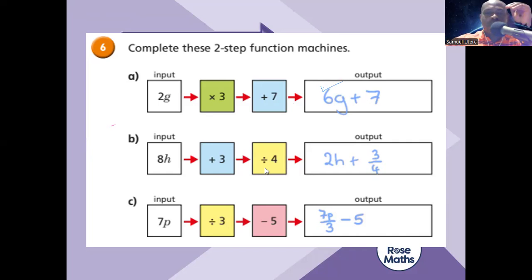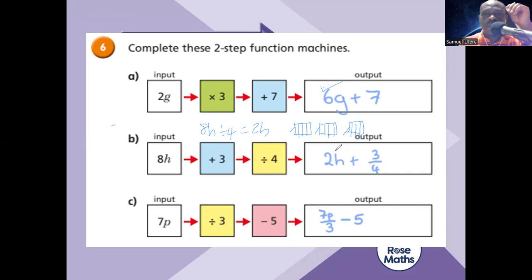So here is what I mean. If we have this one, we know this is 8h. We need to divide this by 4. That's 2h. That's okay. But if we have 3 bars and we have to divide by 4, we have to split each of these into 4 bits. Now, if we take each part, that's 3 quarters.